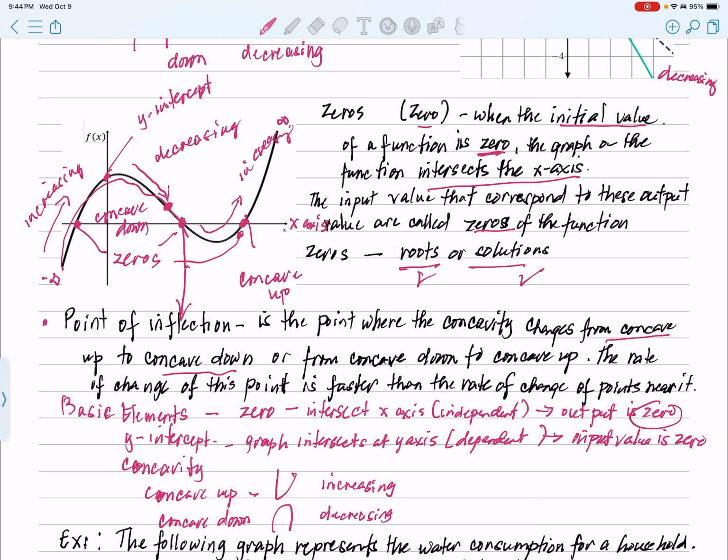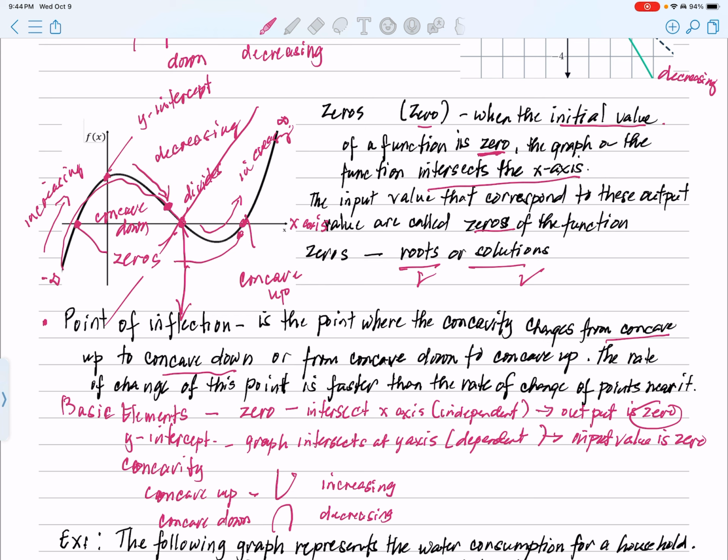Okay? So what does the point of inflection do? It divides the concave down from the concave up. It's just like a divider. That is a point where the rate of change starts to change.